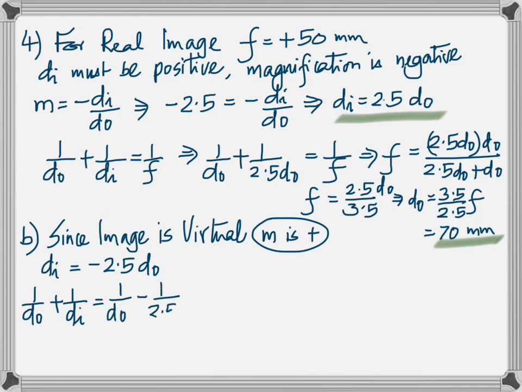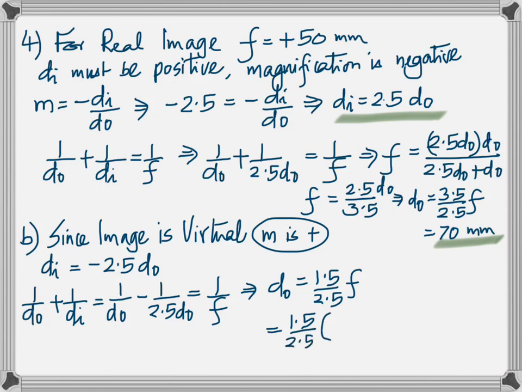Plug it back into the lens equation, rearrange and calculate. You get it as 30 millimeter.